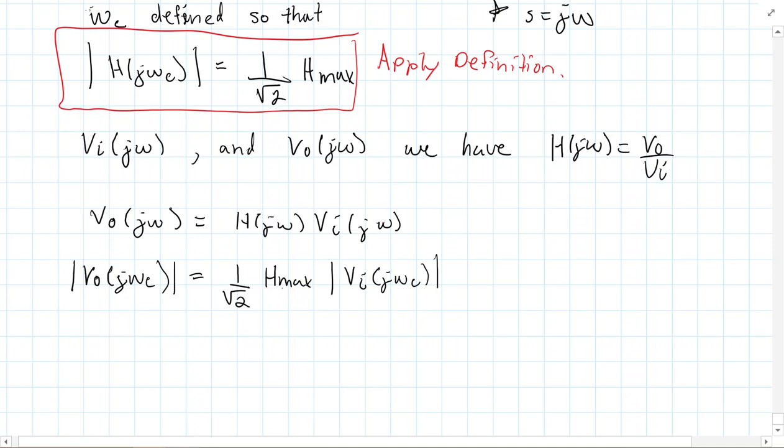But this here is the maximum value of the transfer function.